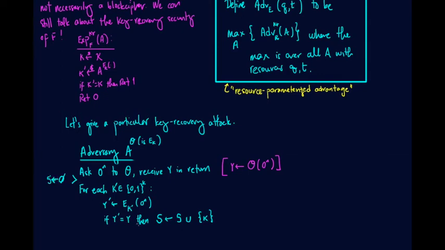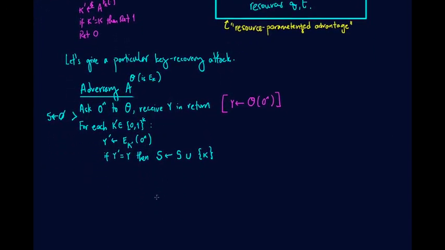S initially gets the empty set. So I've got some set S that's initially empty, and then for each key k, I'm doing this. I'm computing locally, and then I am running this check. If the locally computed y matches the one returned from the oracle, then I take the key, the k prime, sorry, and I add it to this set. And I do this for all of these.